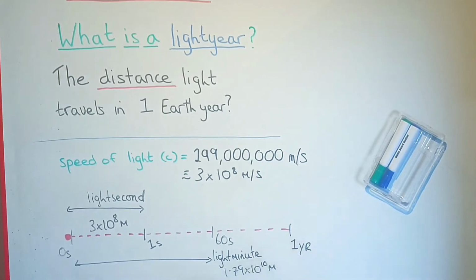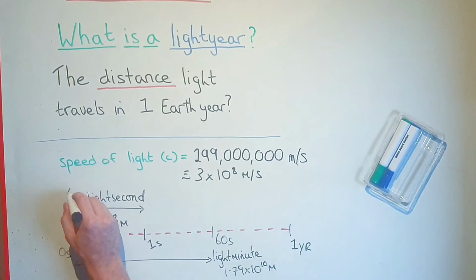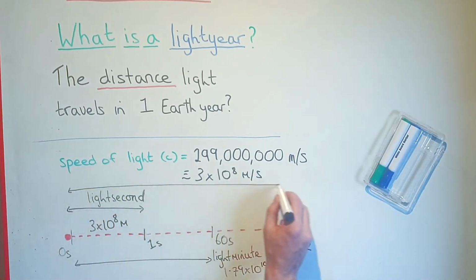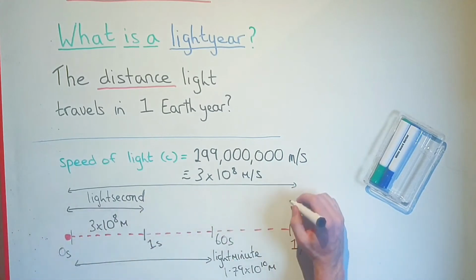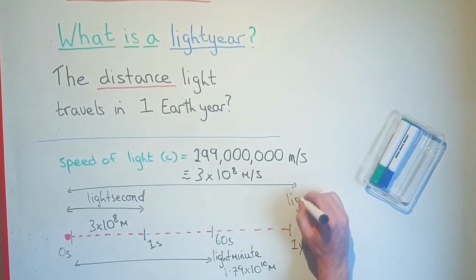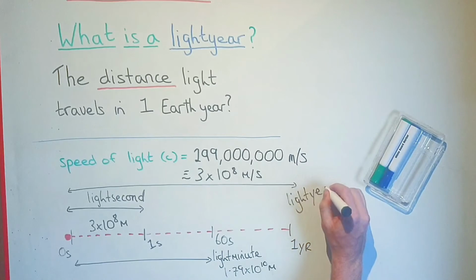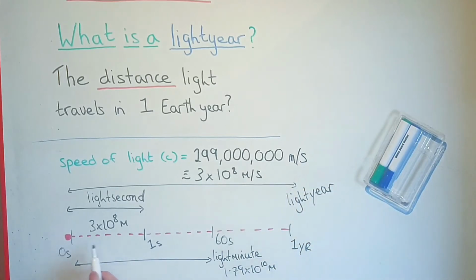So this photon's been traveling for a whole year just in the one dimension. And this is what we call, I'll draw it here. So it's gone all this way. And this distance, remember the distance is called a light year, because it's the distance that this photon has traveled in a year.